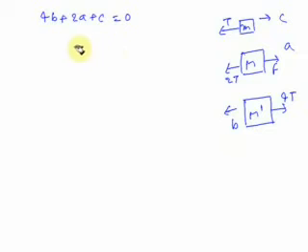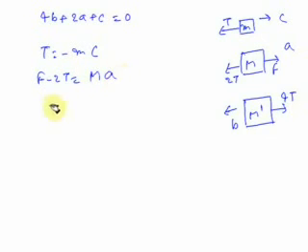So here we had the equations of motion as t is equal to minus mc, F minus 2t is equal to Ma, and 4t is equal to minus m dash b.